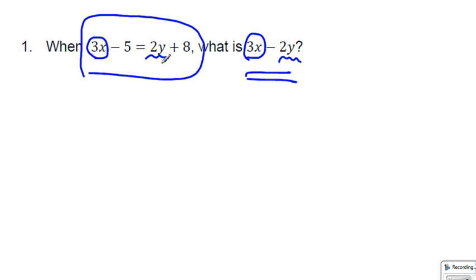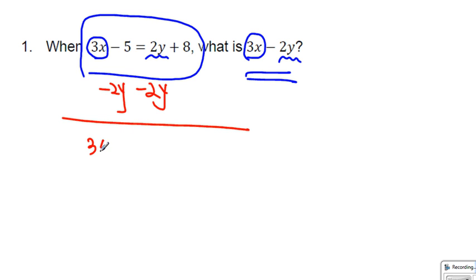Now, one thing you have to do is subtract 2y from both sides. Then you will realize that we end up having 3x minus 2y minus 5 equals 8.